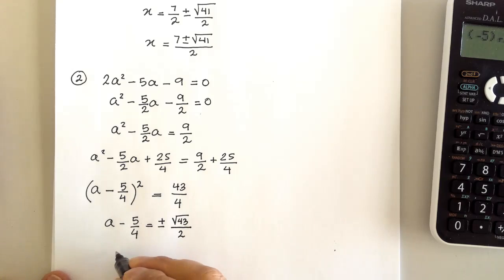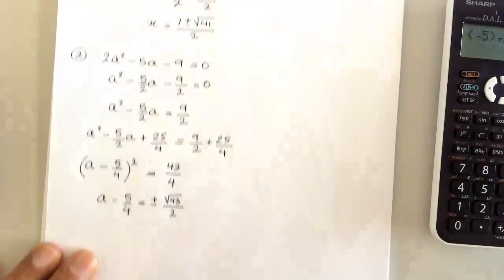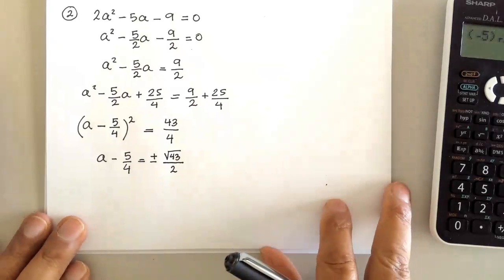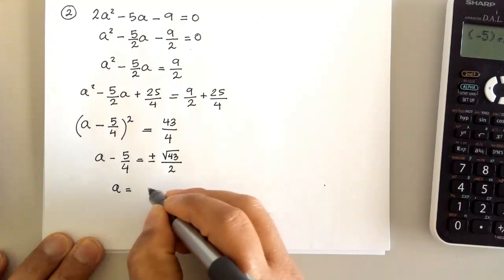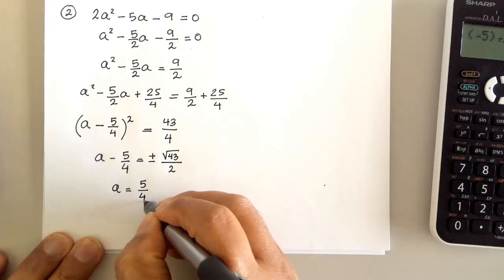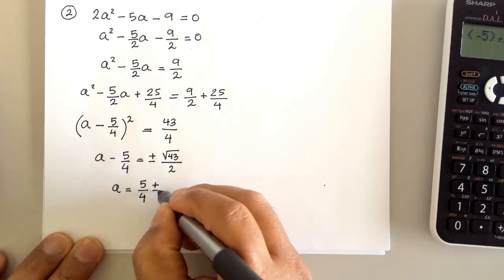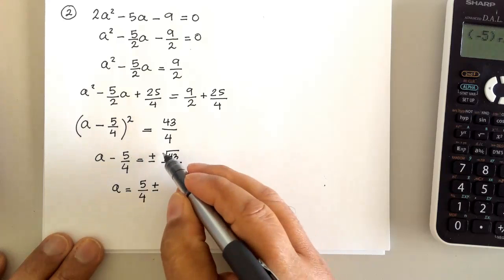Okay, and then I'm going to move this to the other side. Let me move this out of the way so I can move this up. And then we're going to have a is equal to 5 over 4 plus or minus. Because I really want to have the same denominator, I'm going to multiply the top and the bottom by 2.